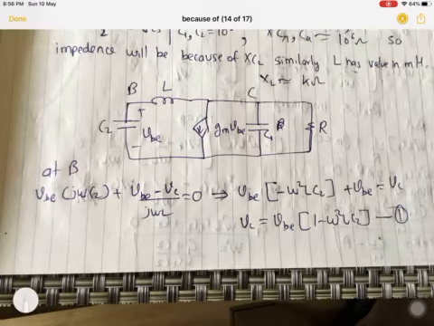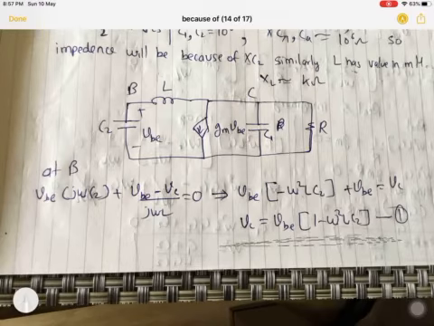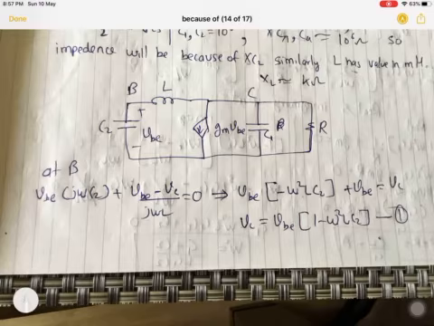So VB minus this voltage, which I am assuming as VC, VC into j omega divided by j omega equals 0. With this, I can calculate the value of VBE taking LCM here. So minus omega square LC2 plus VB is equal to VC. So VC comes out to be VB times 1 minus omega square LC2. This is the value of VC.